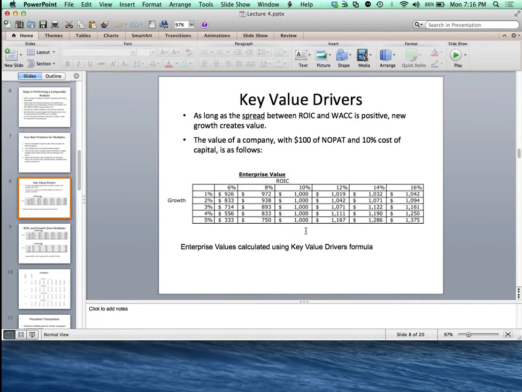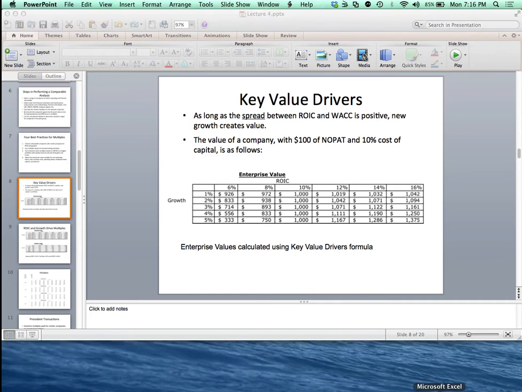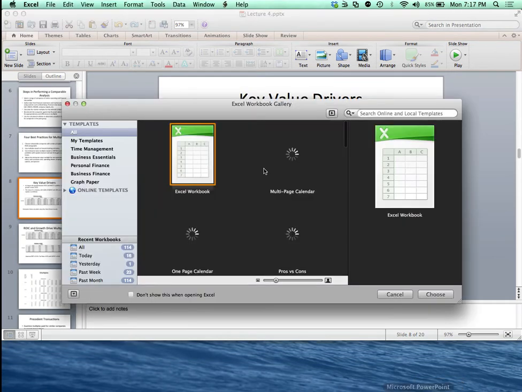So if you remember our key value drivers equation, it infers multiples. What this table does is, I will quickly recreate the equation here in Excel.